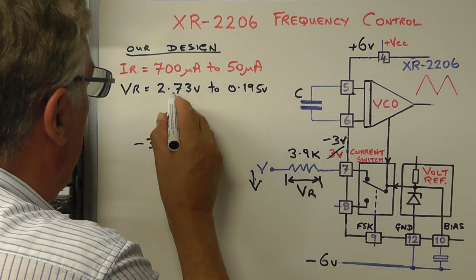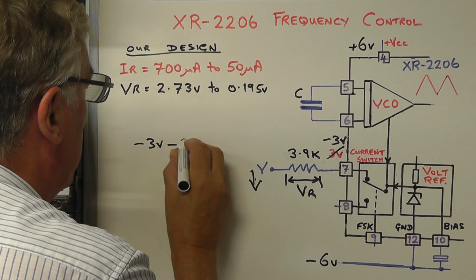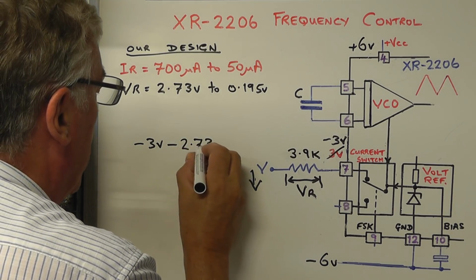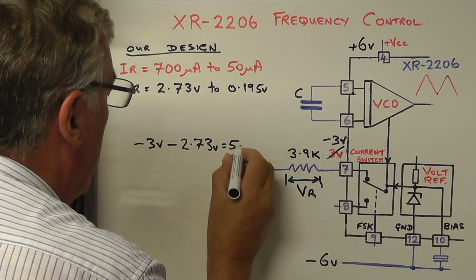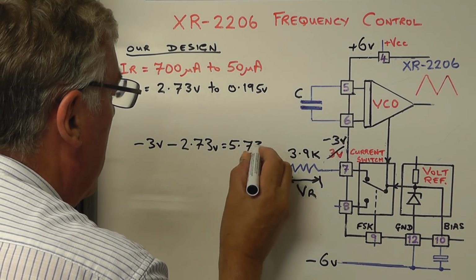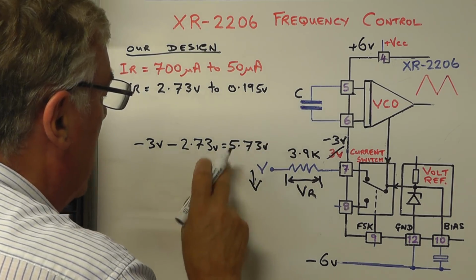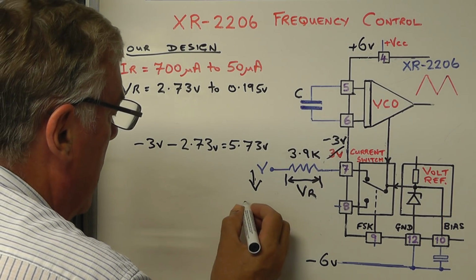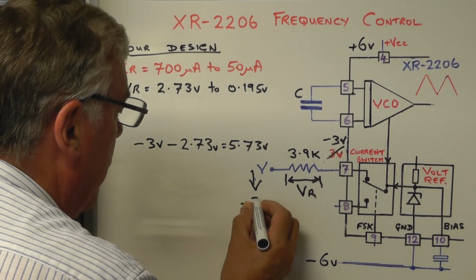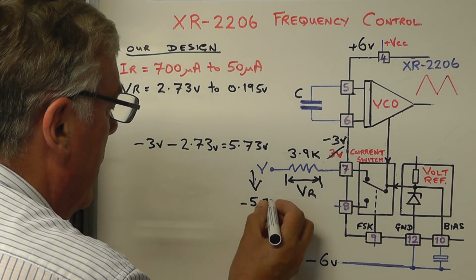We need to then take off the voltage drop, which is minus 2.73 of a volt, and that will equal 5.73 of a volt. But remember, that is a negative voltage, so at this end of the scale we'll need a negative 5.73 volts.